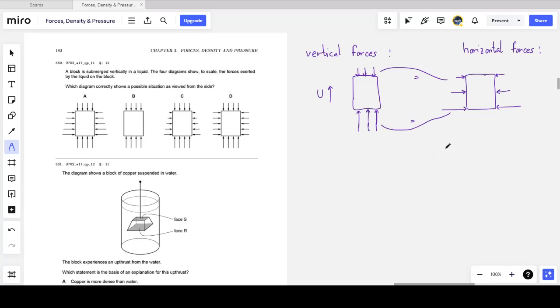So what this means is the arrows get bigger as we go further down, and they point upward for vertical forces and inward for horizontal forces. And so that must correspond to option A. It's the only one of the four where the arrows are the same size at the same point. As you can see in C, they have the same shape, but the sizes are not the same. So we can't accept option C.